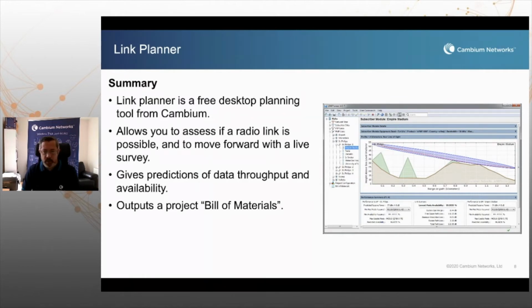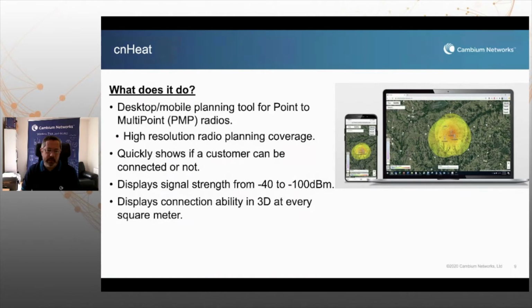That takes us on to CNHeat. Now, CNHeat is our version 2 of planning tool outside. It's significantly different to Link Planner in several ways. First of all, you can use it on a mobile phone as well. Instead of the resolution of 30 to 300 meters, we have super high resolution radio coverage planning.